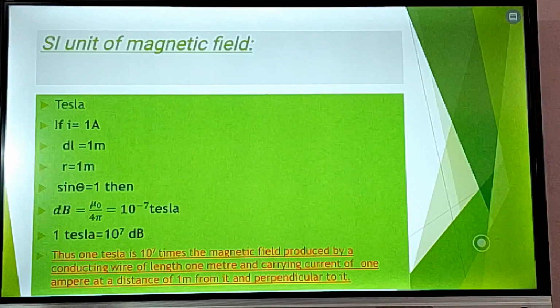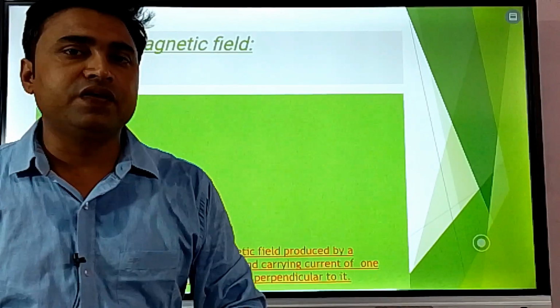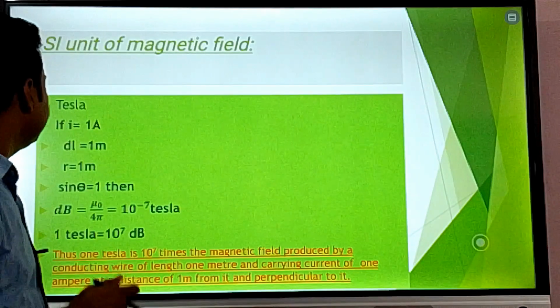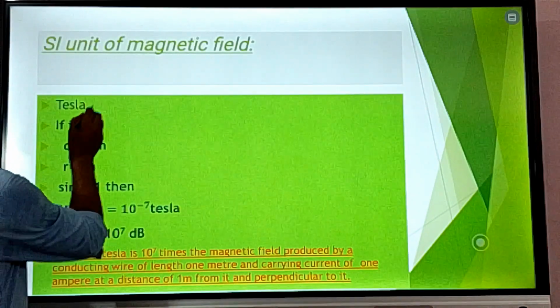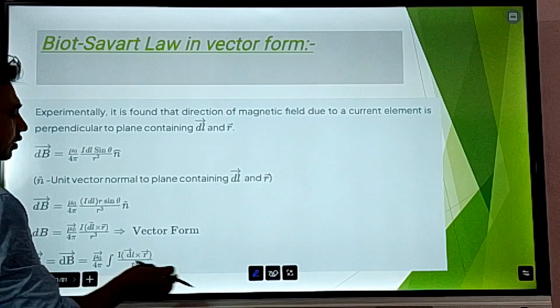So let's see the SI unit of the magnetic field. We have discussed the Biot-Savart law. The SI unit of the magnetic field is the Tesla.